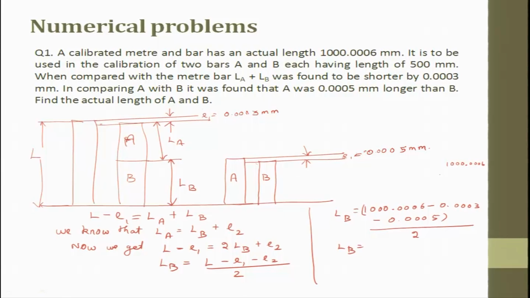1000.0006 minus 0.0003 and minus 0.0005. So, it is approximately 8 you have to subtract.